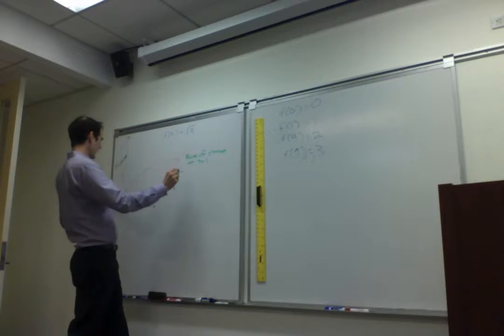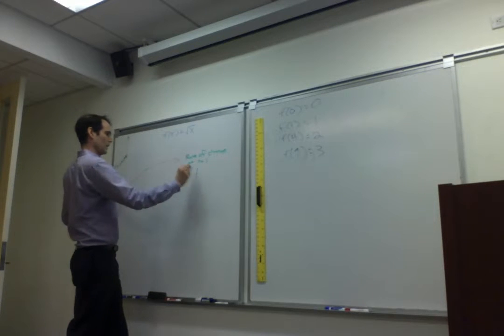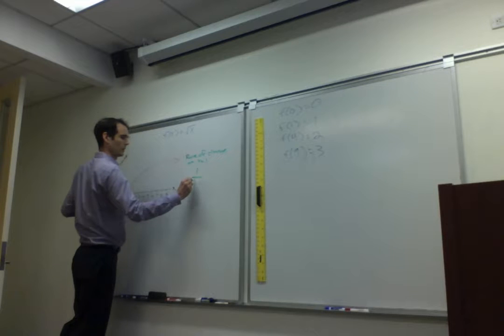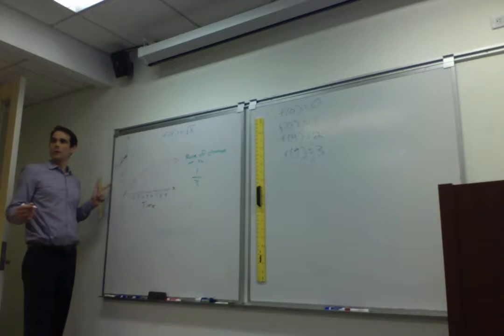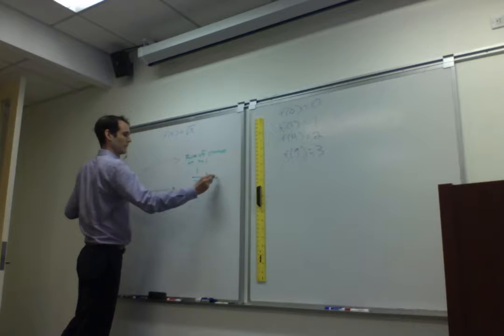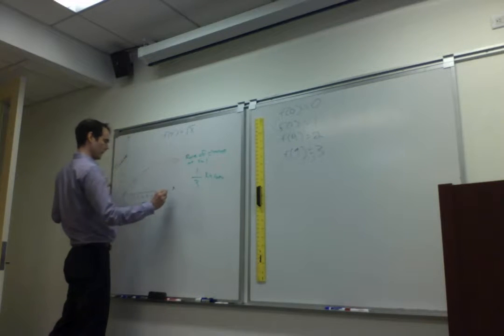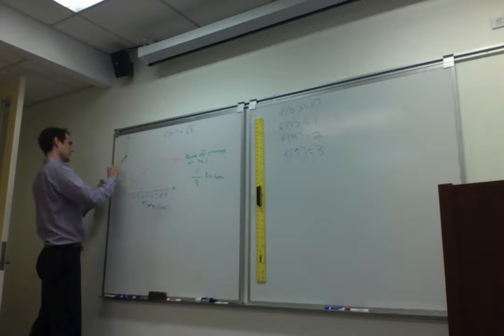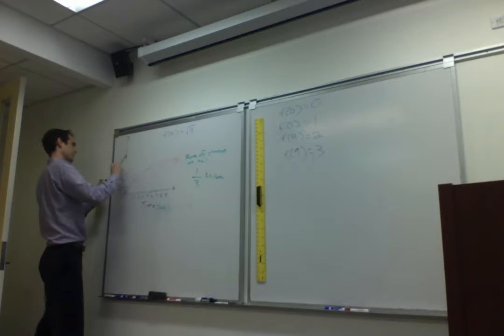The change in y was 1, so in 1 kilometer. And the change in x was 3. So 1/3 kilometer per second. We're going to call this time in seconds and distance in kilometers.